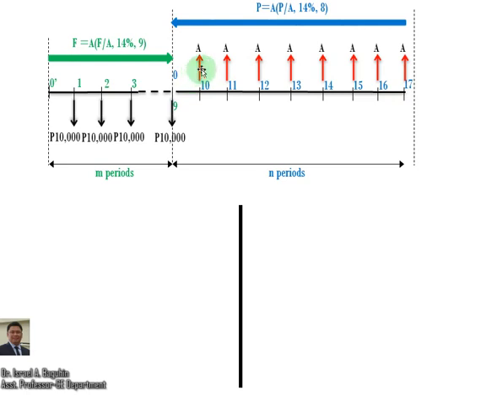So all we need to do is, considering M periods, we will assign a point here as our point 1, and we are going to get the future amount F equal to this annuity, which is given 10,000 pesos, at 14%, and M is equal to 9 years.